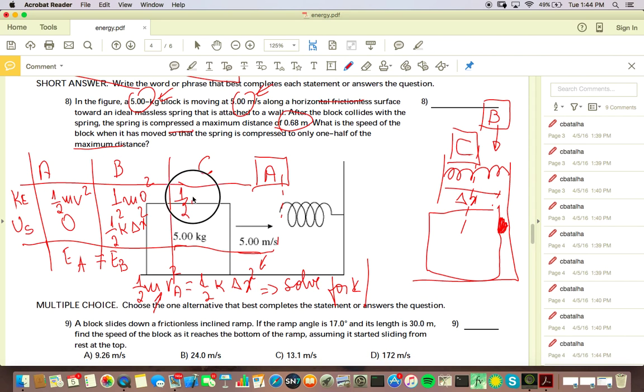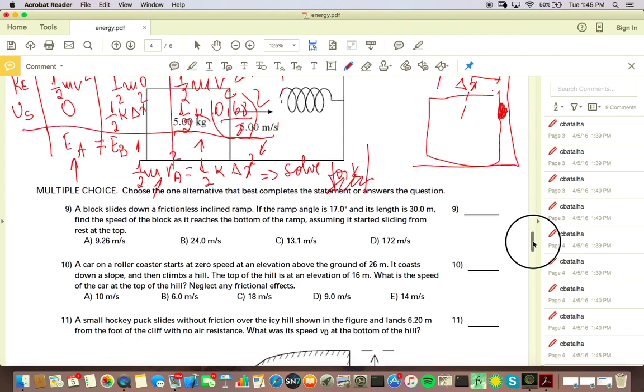I don't know, but it's half m v C squared, and we want to find that speed, right? Does it have any potential energy? Yes, it's half k, which we calculated, times half of the maximum compression squared, which is 0.68 over 2 squared. Then you can solve for the speed. The total energy at A is equal to the total energy at C, or you can say total energy in B is equal to total energy in C, because A and B are the same.